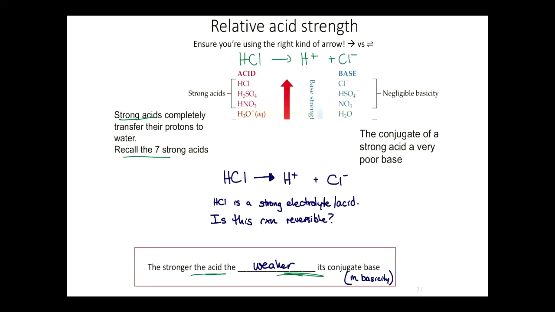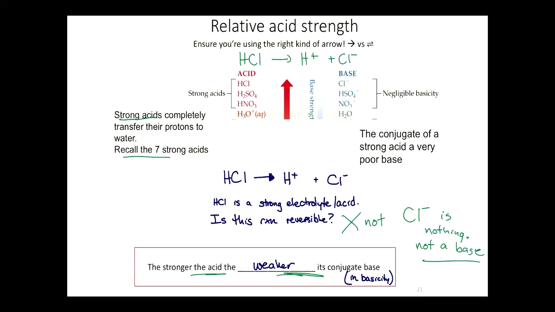That's what we're going to look at within this table. So HCl is a strong electrolyte or acid. This reaction is not reversible, so that means chloride minus is nothing. It's not a base.